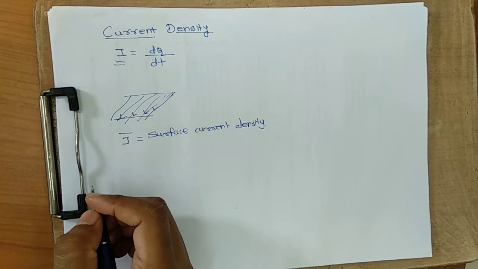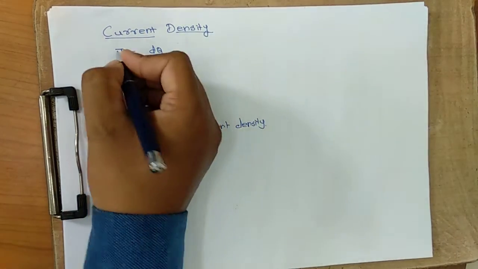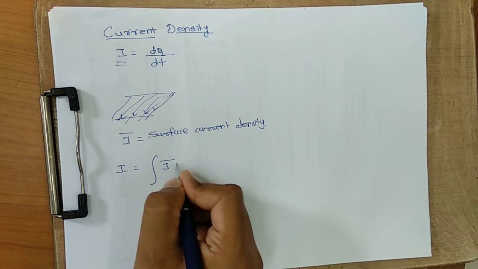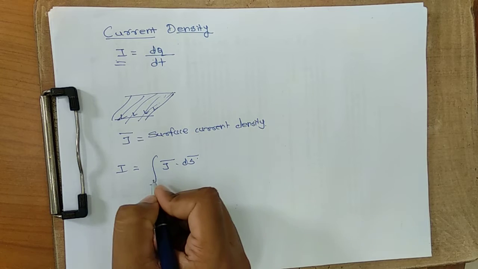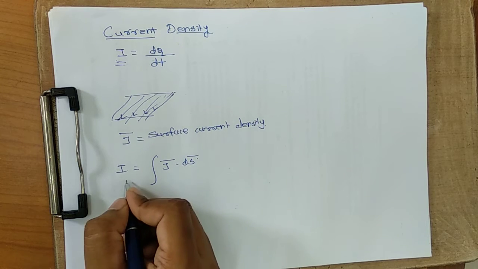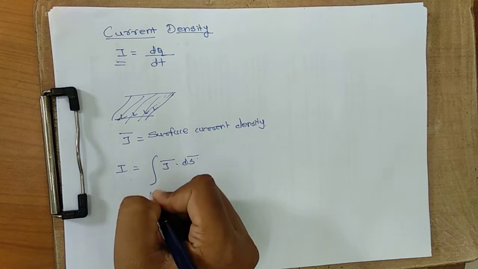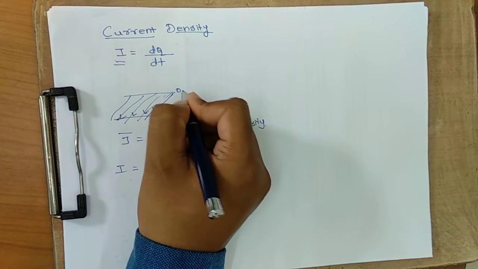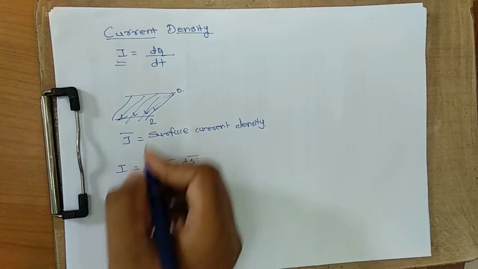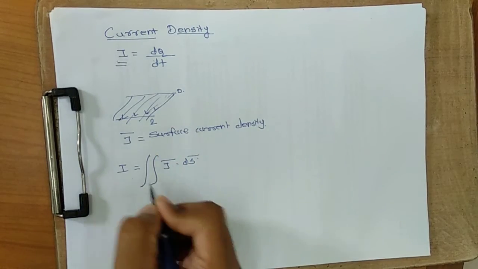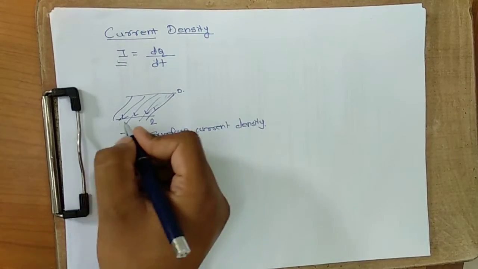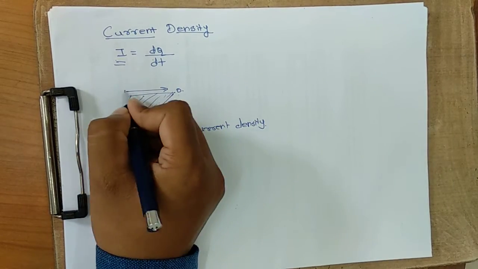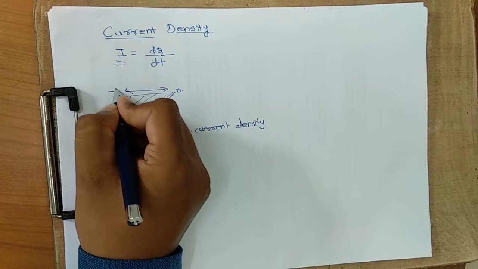And how to represent that in the form of I? I is equal to the integration of J bar dot ds bar. What is the meaning of that? How do we calculate current? Suppose the limits on the x axis are 0 to 2, and on the y axis 0 to minus 2.